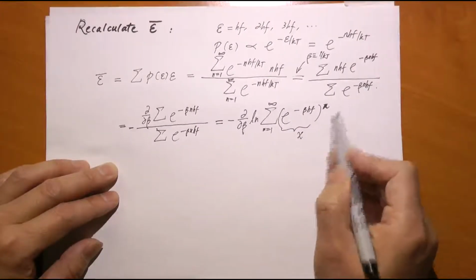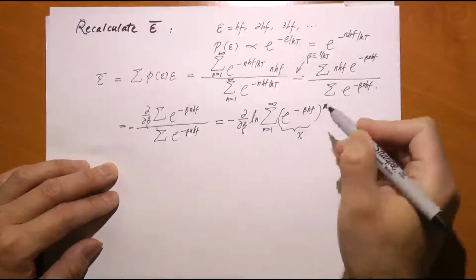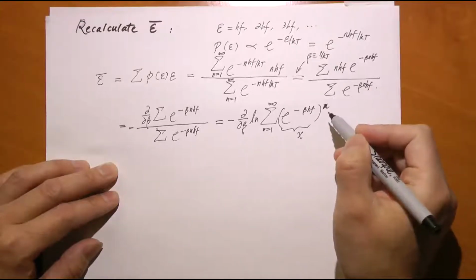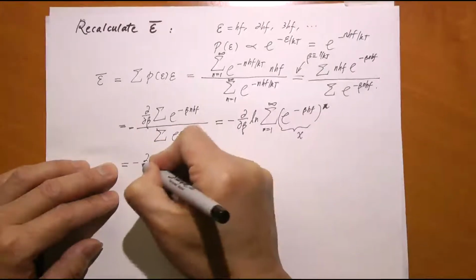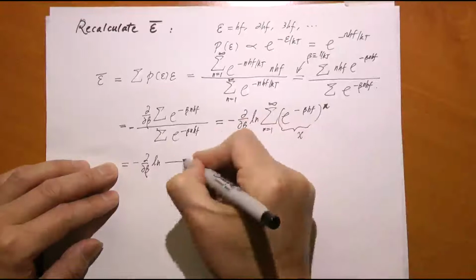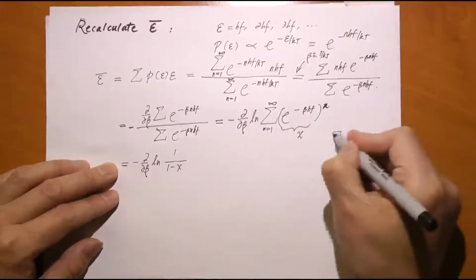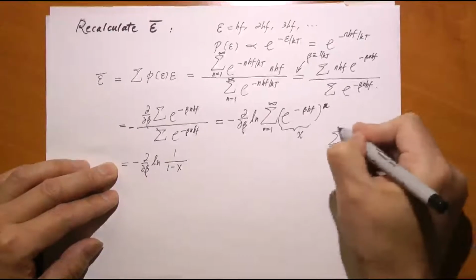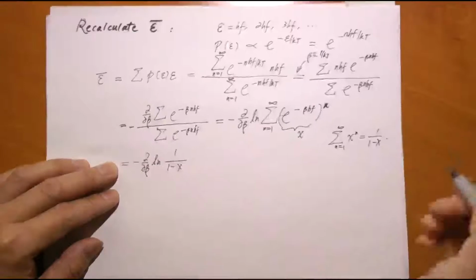So really it's just a power function, x to the power n, and x, whose absolute value is less than 1, makes this sum convergent, and then we can easily apply a very well-known formula. The sum is equal to this: 1 divided by 1 minus x, right? The sum from n equals 1 to infinity of x to the power n is equal to this.